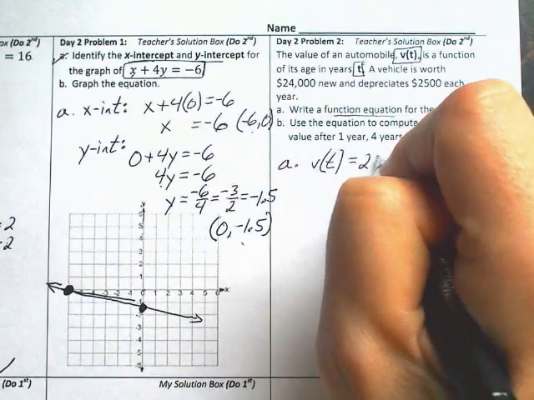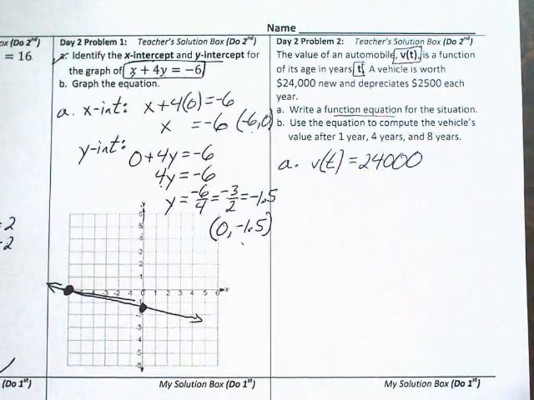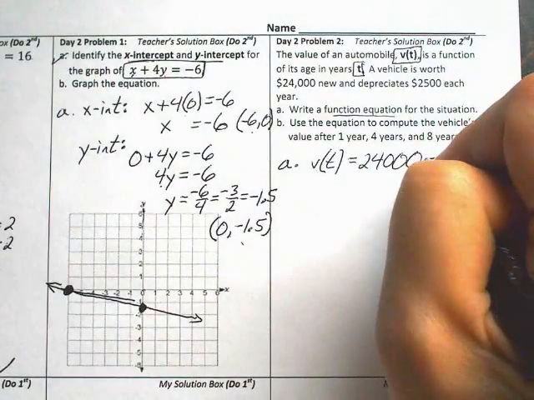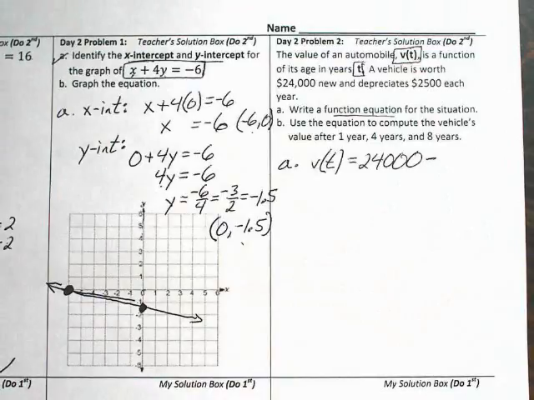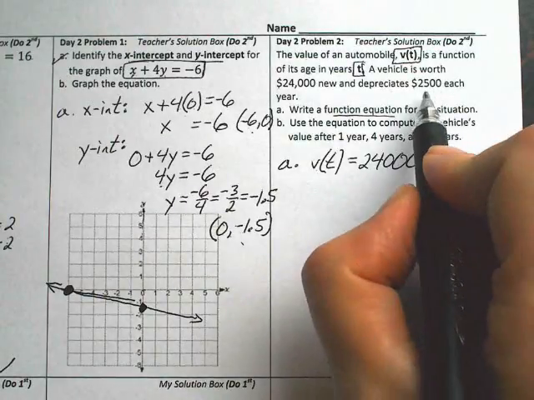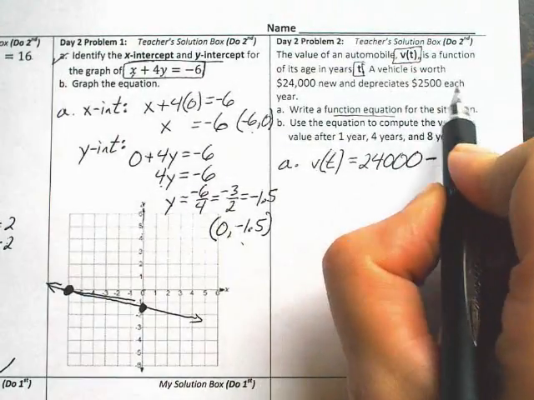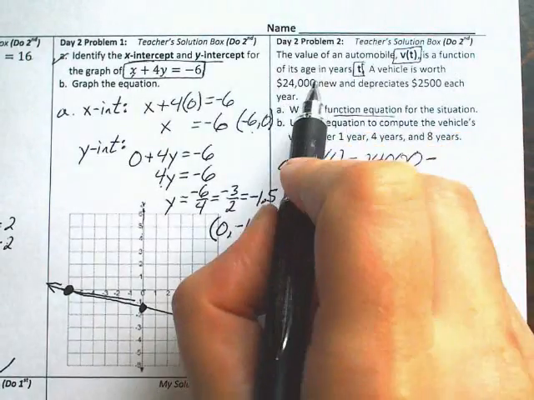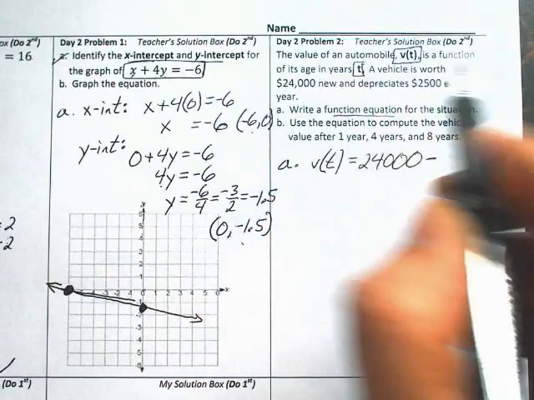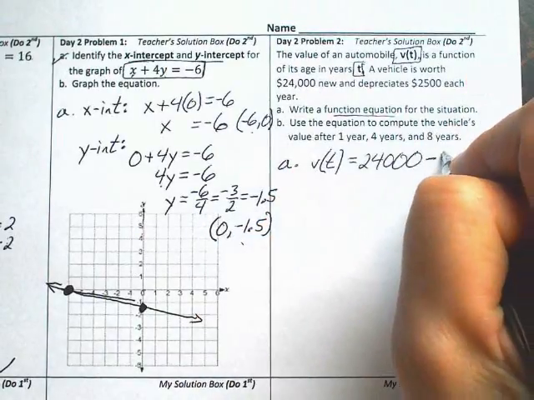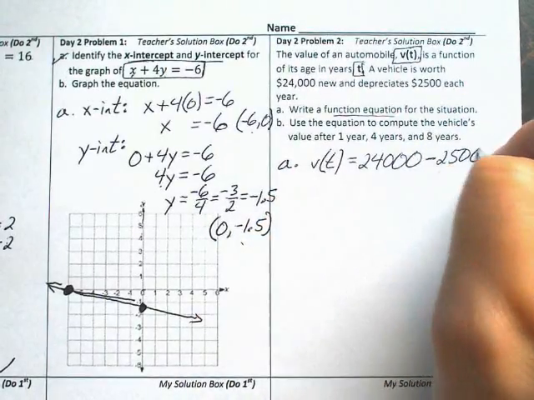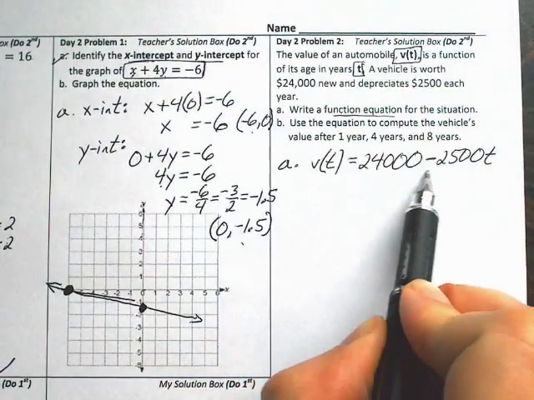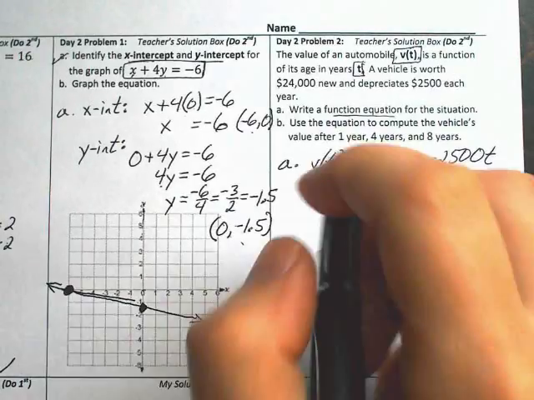So it begins with $24,000, and as time passes, it's going to decrease in value. So I'm going to use subtraction to show the decrease, and it is $2,500 each year. We are told to use the variable t to be the number of years, and so that can be shown in symbols as 2,500 t. This is the function equation for the situation.